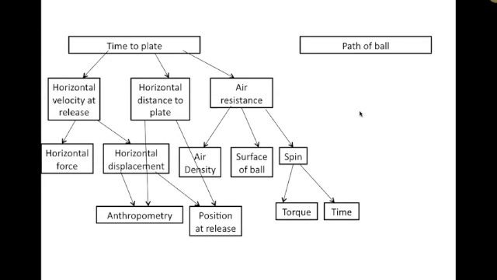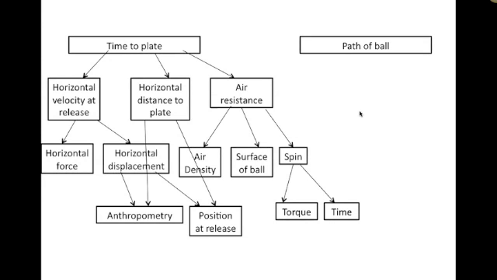Now let us go on and go through the time to the plate. The time it takes for the ball to reach the plate is affected by the horizontal velocity of the ball at the instant it leaves the pitcher's hand, the horizontal distance to the plate from the point of release, and the horizontal component of the forces exerted on the ball by air resistance during its flight.